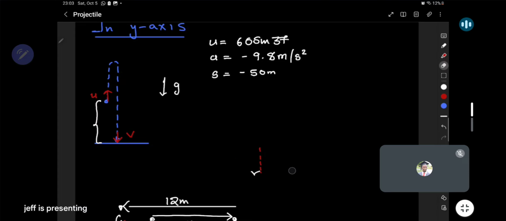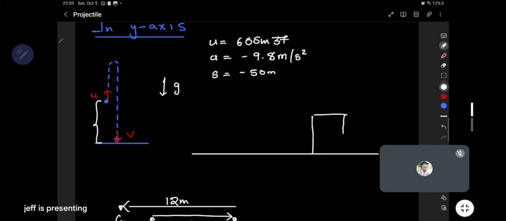If you get it, here's a question to make sure that you understand how this happens. Suppose the projectile is thrown and it goes like this. It lands at a building this side that is 20 meters tall.